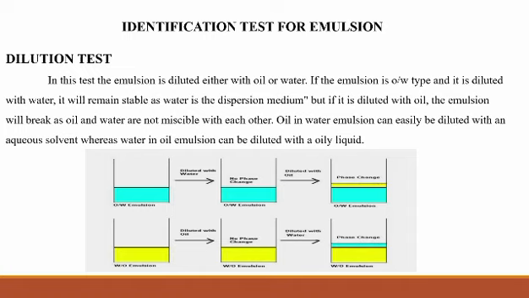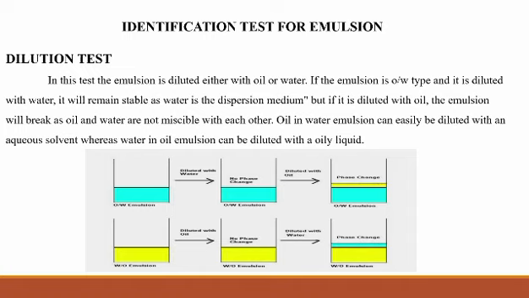By knowing the external phase, we can easily identify the type of emulsion, because the tests are based on the principle that the continuous phase governs the physical and electrical properties of the system.